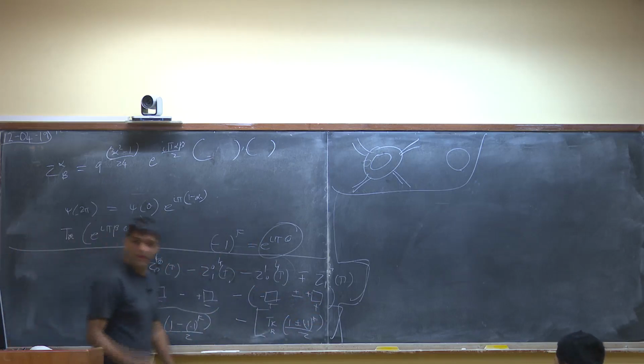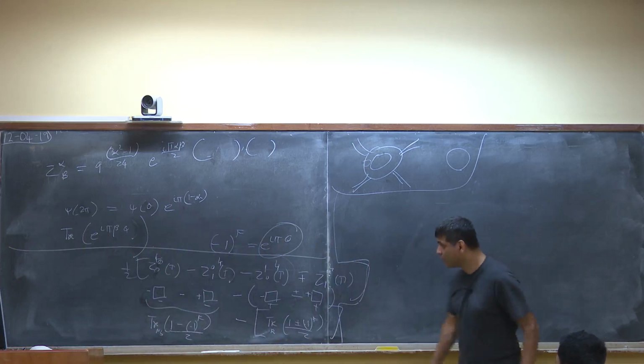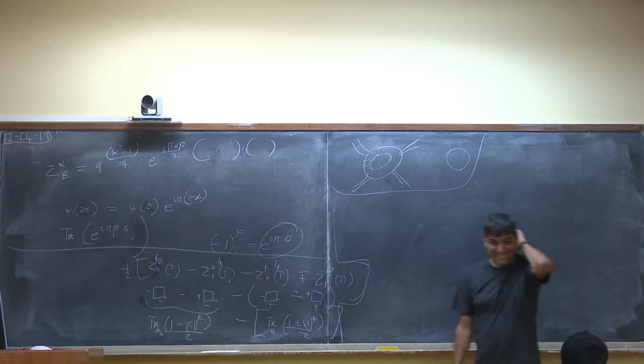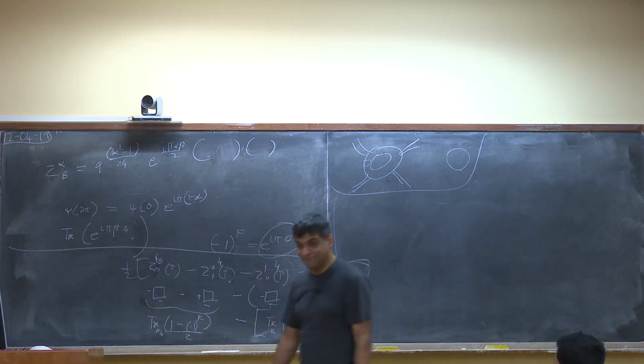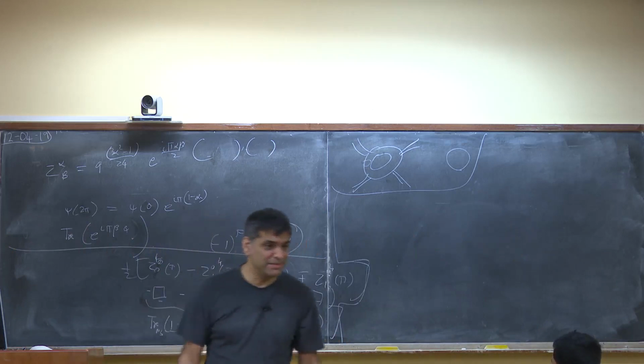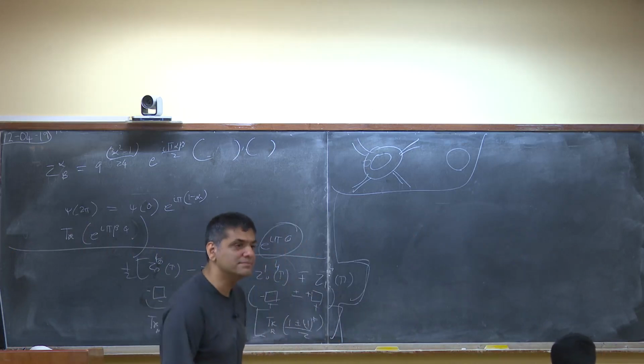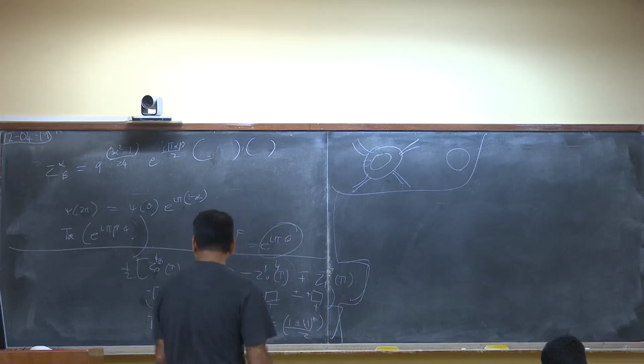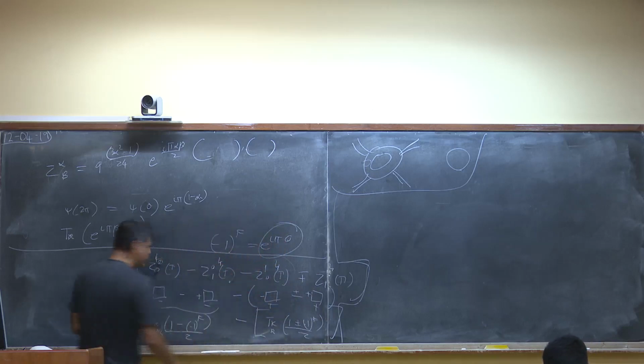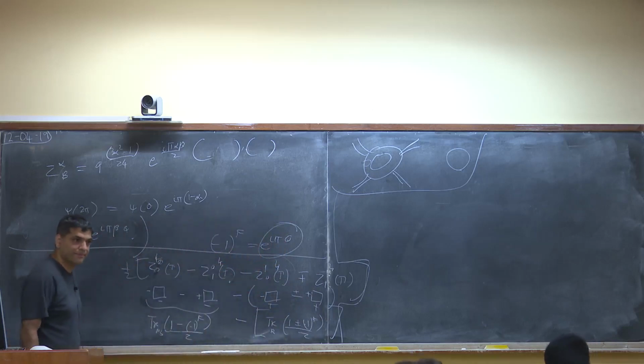Now let's get to Yankee's question. Yankee's question was, okay, well, it looks like it's working okay for the S, but it doesn't look like it's working for the T. Tau goes to tau plus 1. Let me give you the argument that he, I think, has in mind.